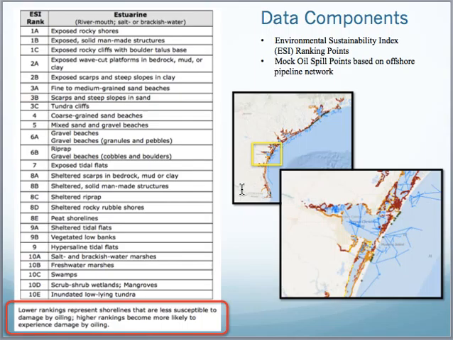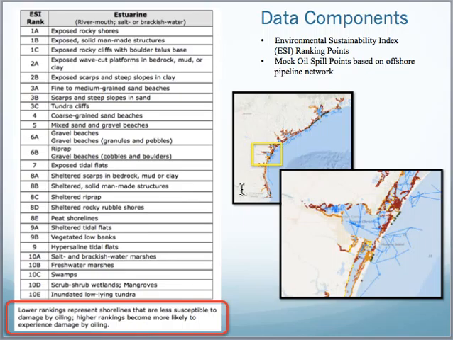The data I used was based on the Environmental Sustainability Index ranking points, which is provided by NOAA, and mock oil spill points based on offshore pipeline networks provided by the Texas Railroad Commission.